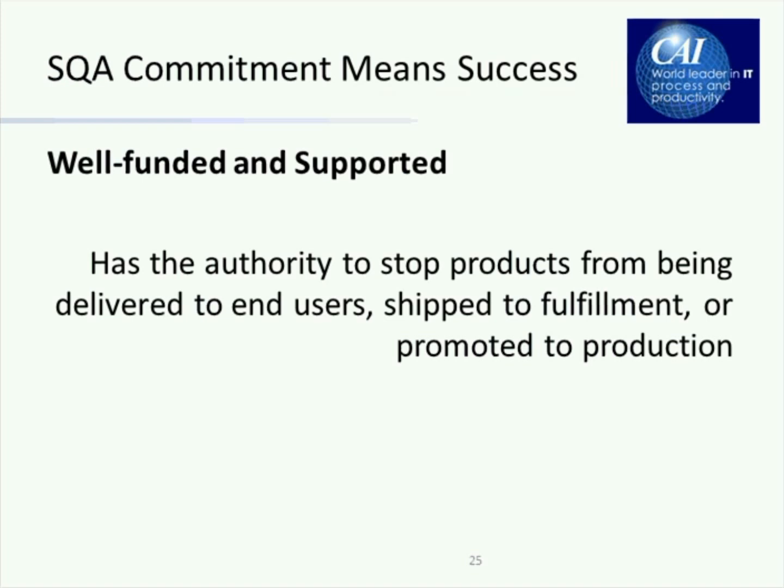Well, with an SQA team, you would have prevented that, because the SQA folks would have caught that as a process and procedural problem and reported that back up the management chain and wouldn't allow it to be promoted to production. They've got to be able to stop things from getting to production.